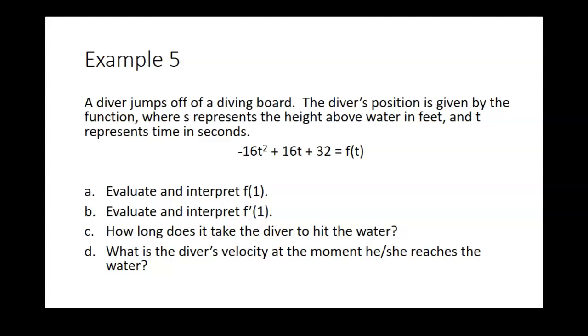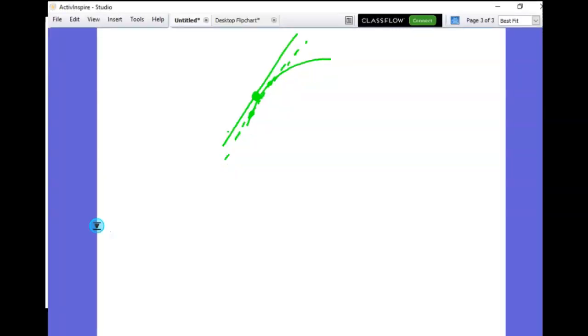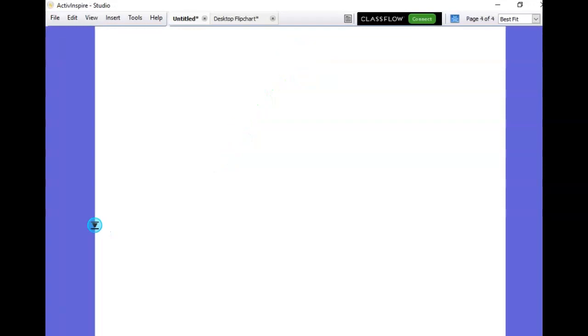Before I start this question up, I want to give you guys a little bit of background here. Yesterday, I introduced you guys to the position function. F of t equals s, right? Where t represents time and s represents the position.